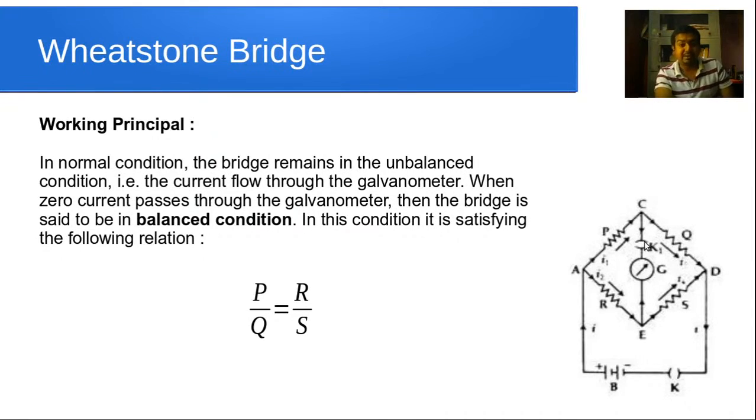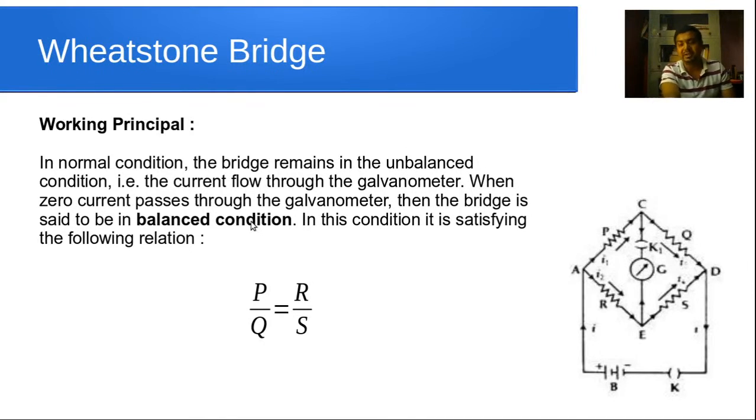Now what is the balance condition? The balance condition is when there is no current flow across the galvanometer. When there is no current flow, I1 can flow here only, and I2 can flow here only; neither goes through the galvanometer. This type of condition is called the balance condition.